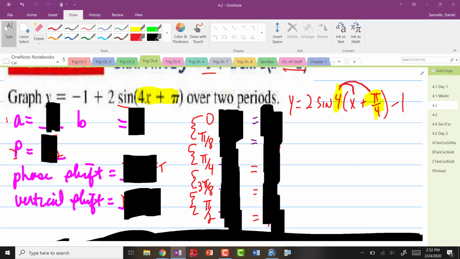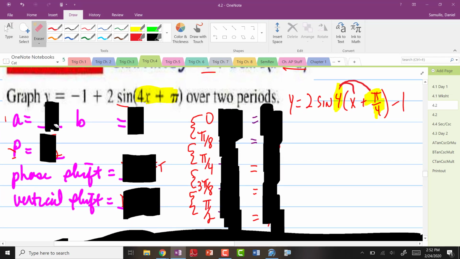Okay, so now looking at that red, we've seen this a million times. This should not be a problem. The amplitude is 2. 4 is my B value, so that makes the period 2 pi over 4, which equals pi over 2. So 2 pi over 4 equals pi over 2 is where we got that from.